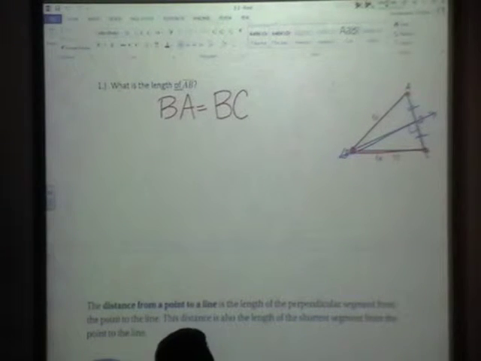Remember your goal is to get an x by itself. We already have an x by itself. So I want to do something to my 6x to bring it over. What's the opposite of 6x? It's negative.